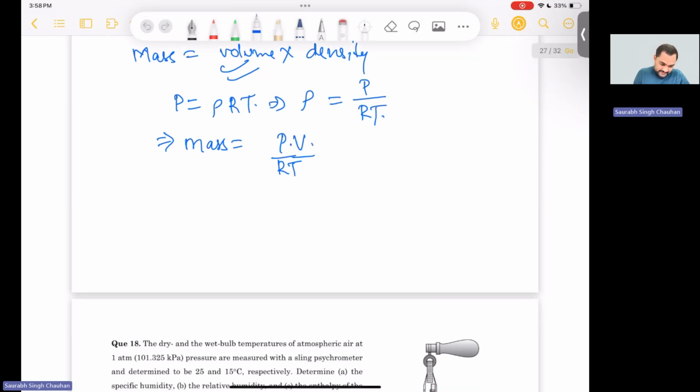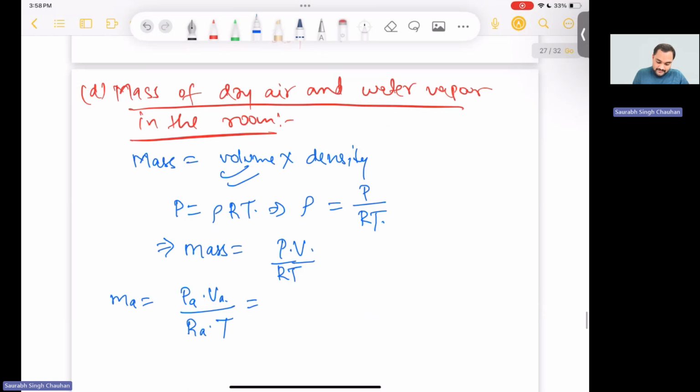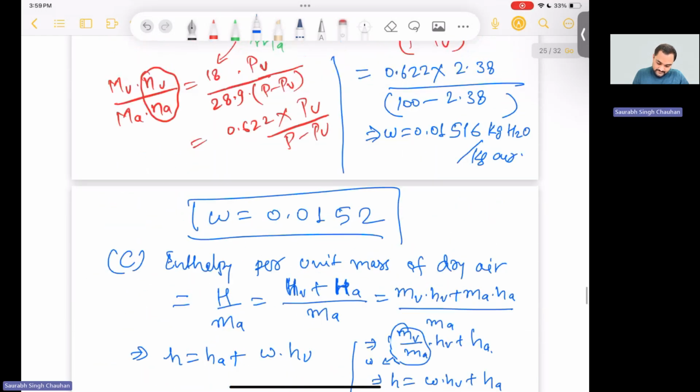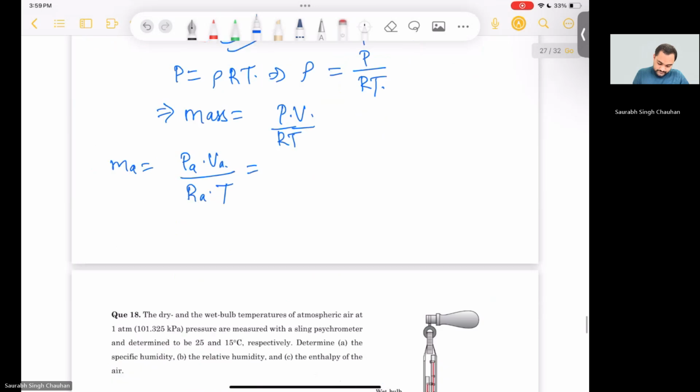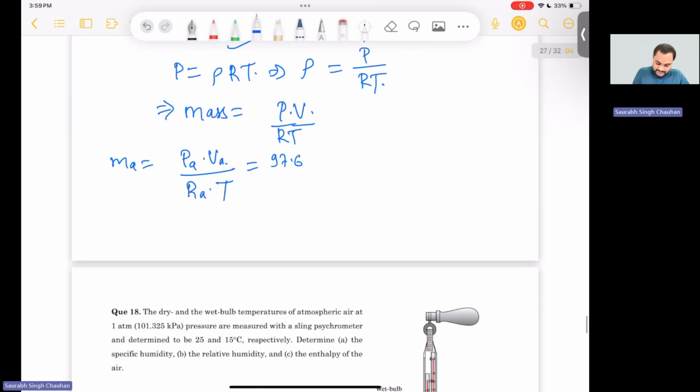So for mass of dry air, you need partial pressure of dry air into volume of dry air divided by gas constant for dry air into mixture temperature. Partial pressure of air we have calculated, and this was 97.62 kilopascal.